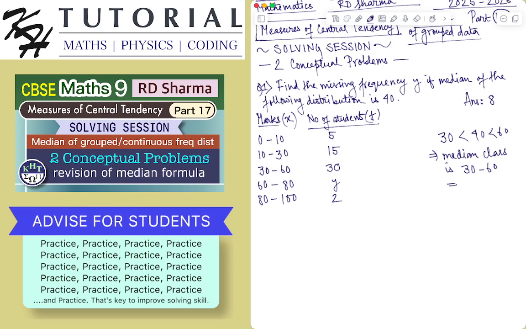Once I know the median class, I will know the capital L, which is the lower limit of the median class. I also know the capital C, the size or width of the median class, which is 60 minus 30, equal to 30. Now I have to prepare the less than cumulative frequency column.